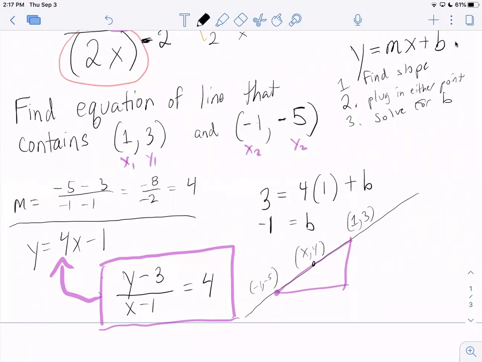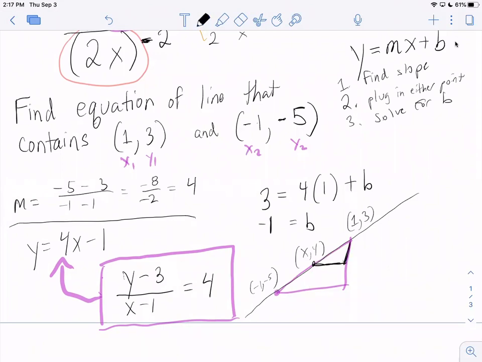Then we know that in this case it's going to be this triangle here, y minus 3, x minus 1.